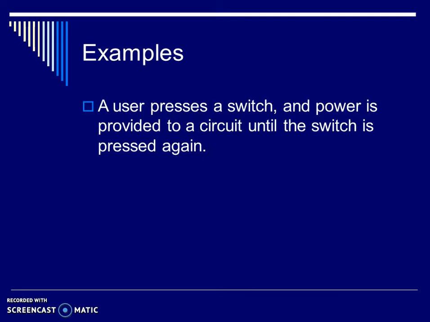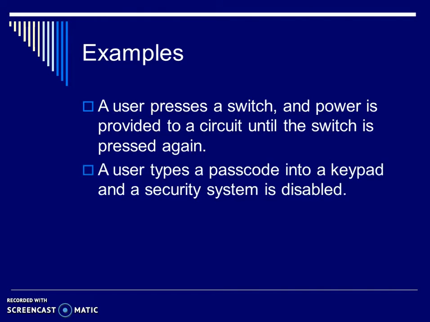We're going to return to this one in a few minutes. A user presses a switch, power is provided to a circuit until the switch is pressed again, essentially a toggle switch. An interesting one: a user types in a passcode on a keypad, and this disables a security system so the user can go through a doorway.